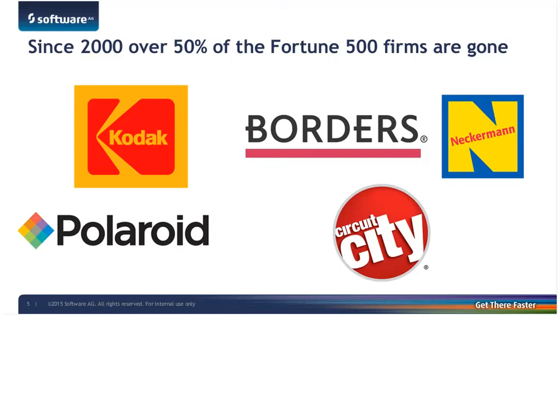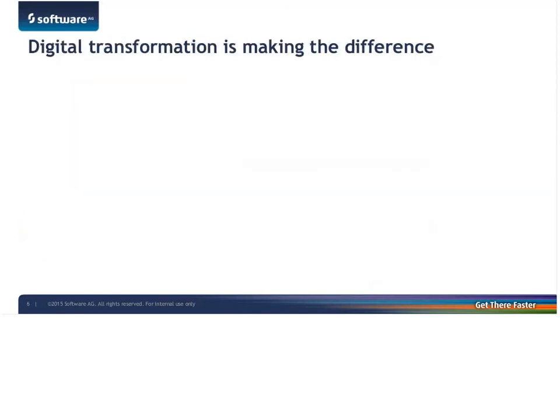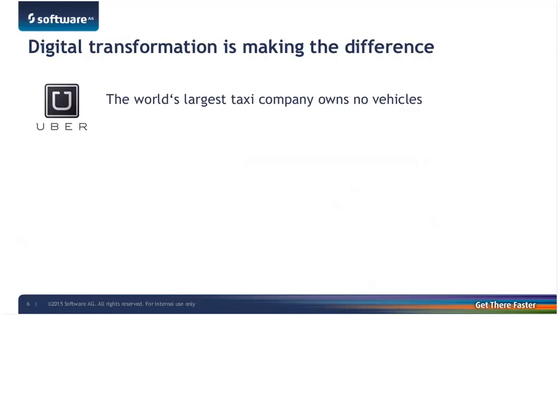So we see that doing the digital transformation is key to survive in the business. So to give you a few examples where digital transformation actually founded companies or made companies possible. If you take Uber. Uber today is the world's largest taxi company, and they own no vehicles.